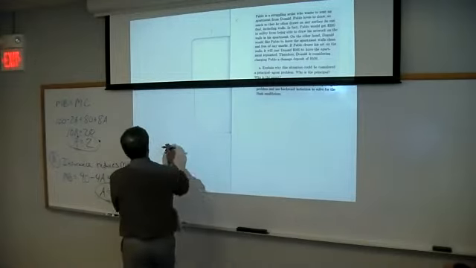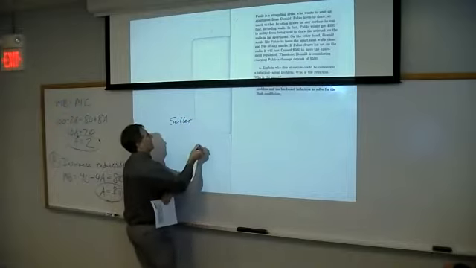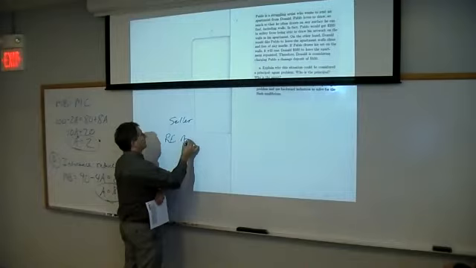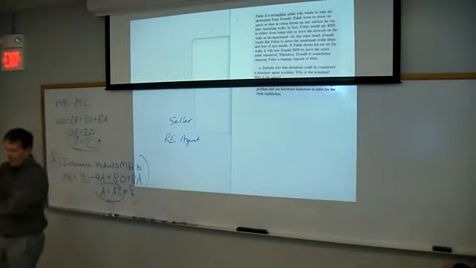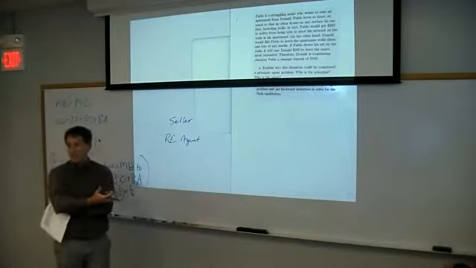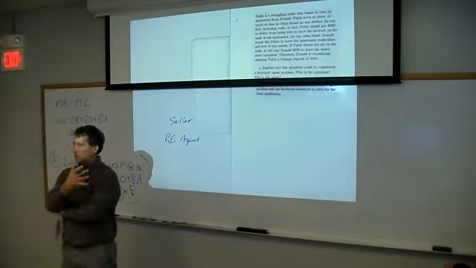Let's think about that. So we've got the seller, and we've got the real estate agent. When we define these principal-agent issues in the context of this chapter with asymmetric information, we've got a conflict of interest potentially here, is what we're trying to avoid.